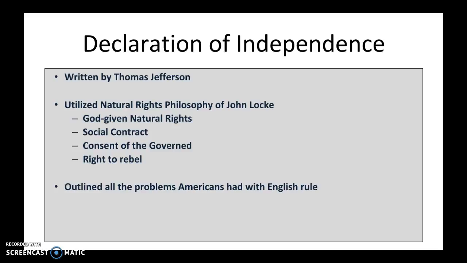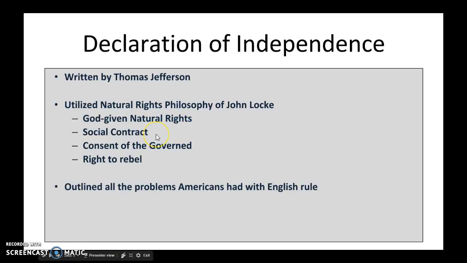The main philosopher that Thomas Jefferson borrows ideas from is John Locke, who is, of course, from England. John Locke was a big proponent of these rights, these ideas here. Natural rights, a social contract, consent of the governed, and the right to rebel. In the Declaration of Independence, Thomas Jefferson points out that Americans have these natural rights.